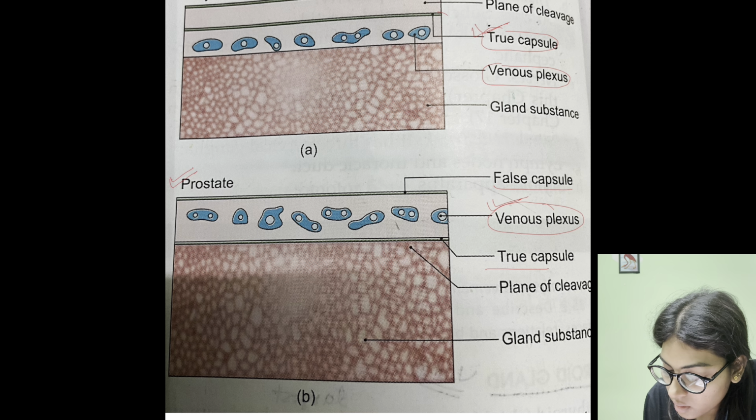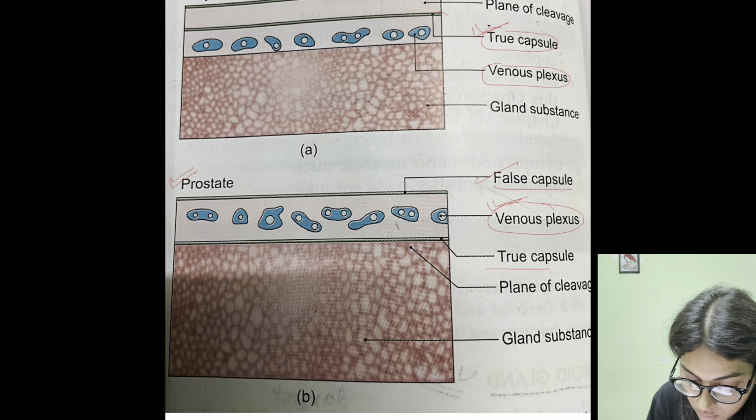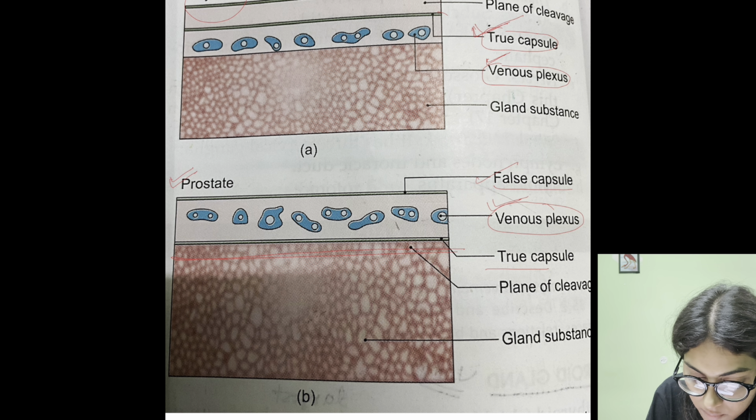When we remove the prostate, the two capsules are left behind. But in the thyroid gland, we have to remove the true capsule also because the deep venous plexus is present in the true capsule.